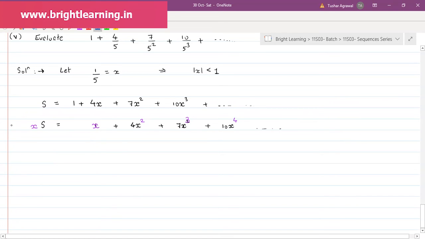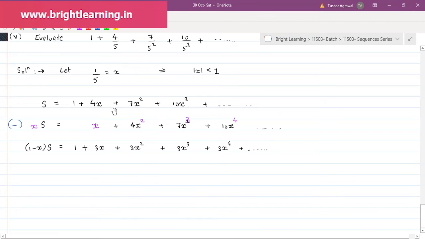Now this will become 1 minus x times S, which is equal to 1, this 1 survives as it is, and the remaining part is 3x plus 3x square plus 3x cube, then 3x to the power 4 and so on.